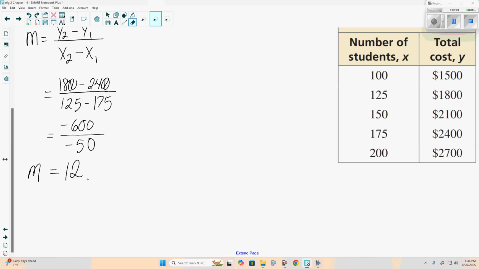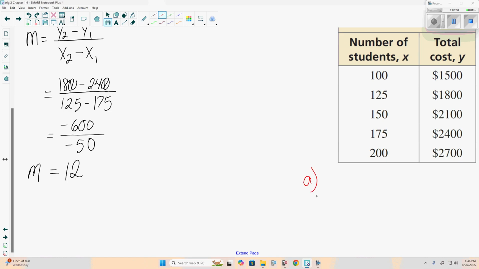And that's telling us that Lakeside is charging $12 per student. Well, there's going to be more to that equation. We'll get the rest of it soon. But that does give us an answer to the first question.